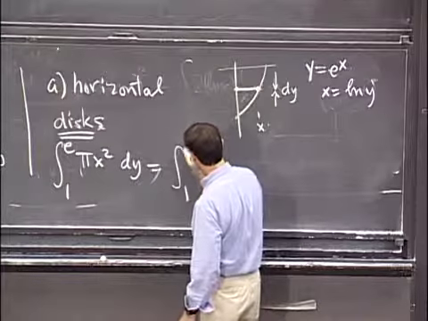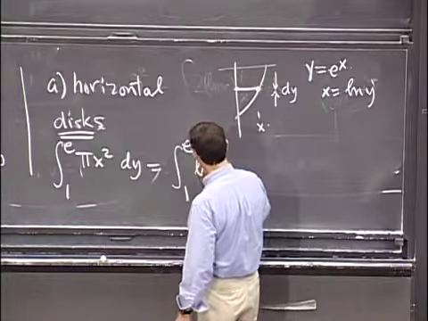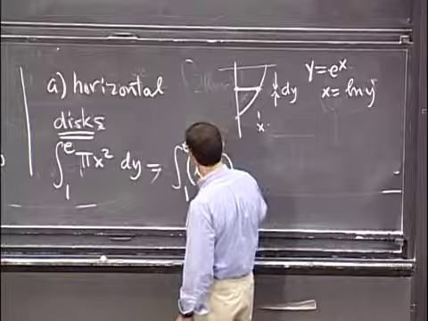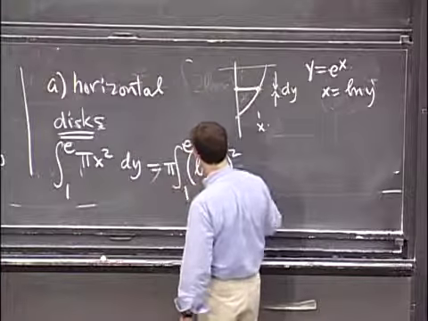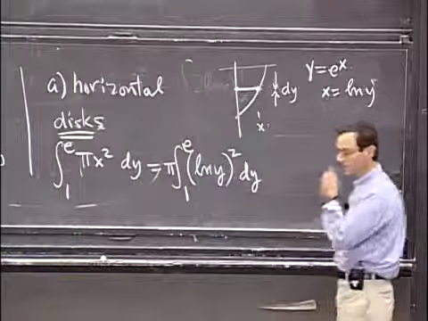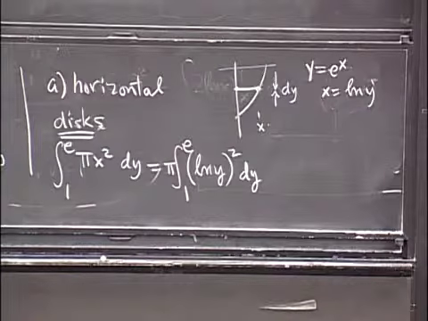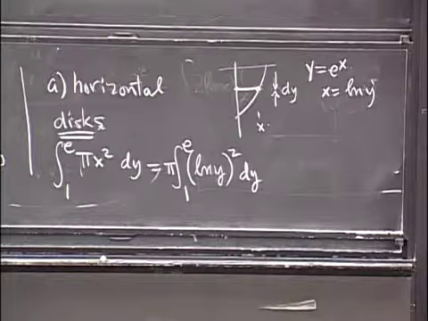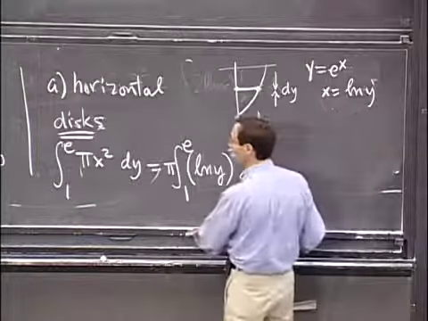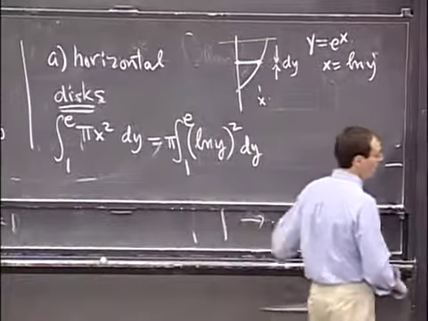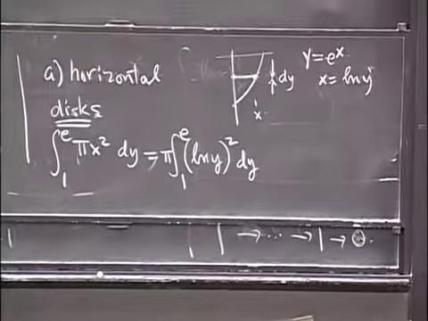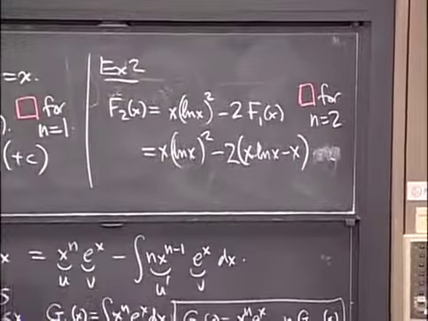So that's the integral from 1 to e of log y, the quantity squared, times pi dy. So now you see that this is an integral that we did calculate already. And in fact, it's sitting right here, except with the variable x instead of the variable y.